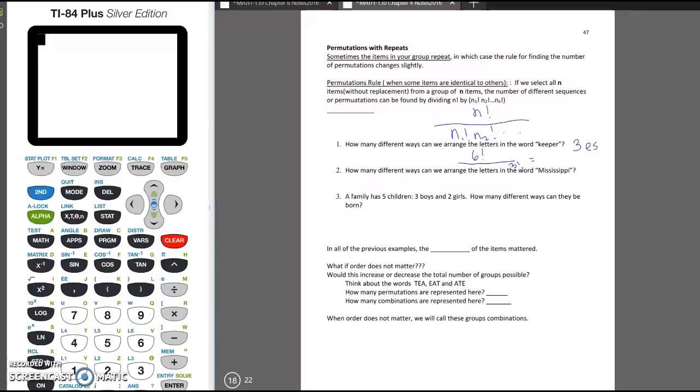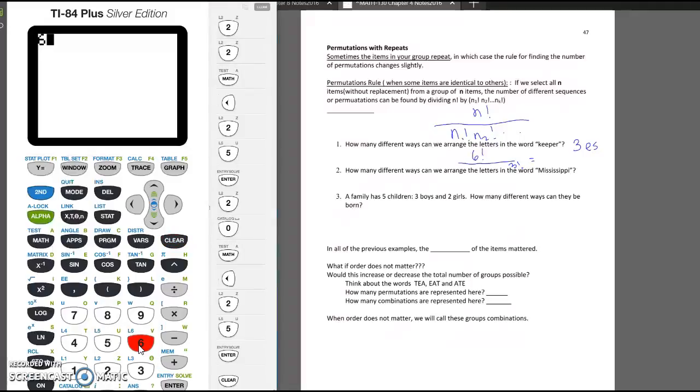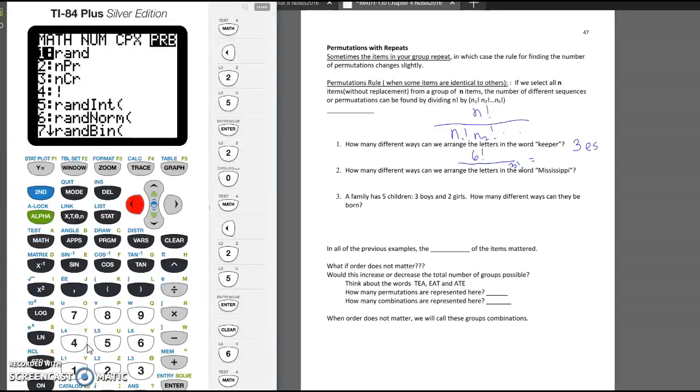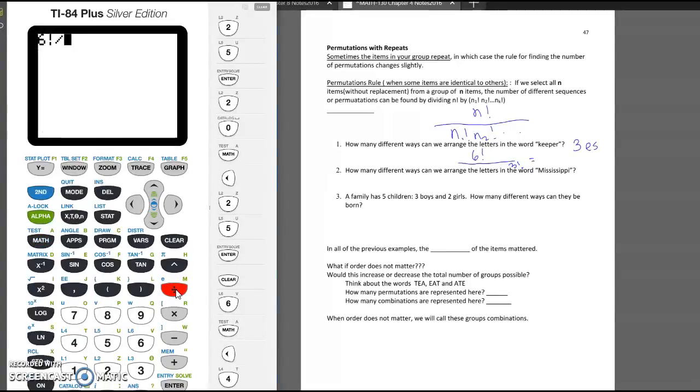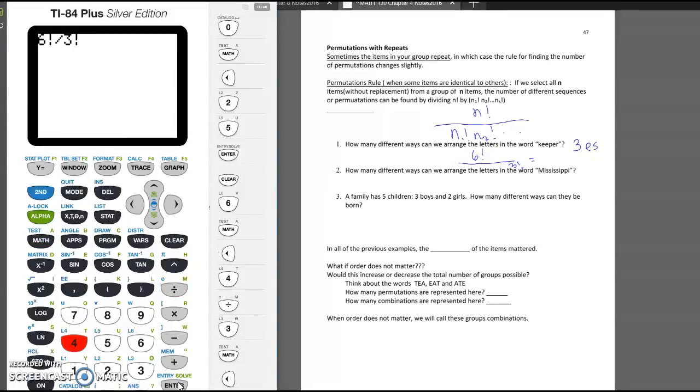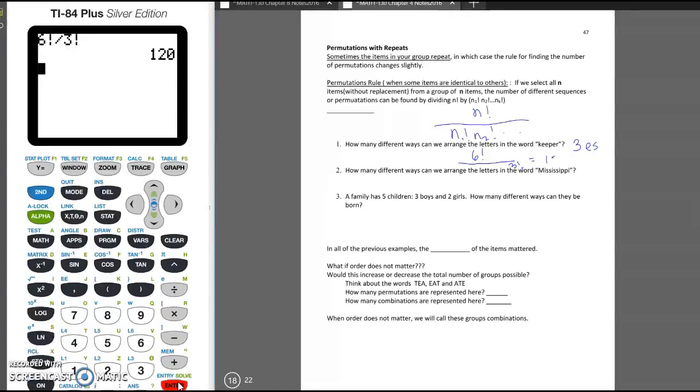We can do this in our calculator by doing 6 factorial divided by 3 factorial. So we would have 120 different ways that we could arrange these letters.